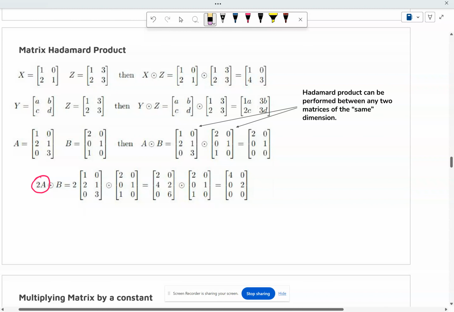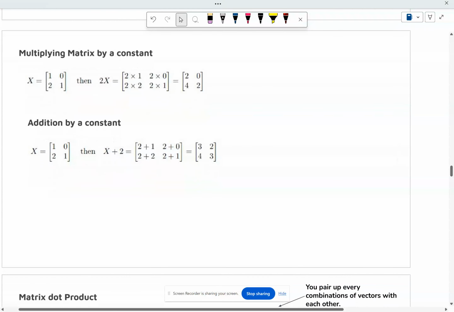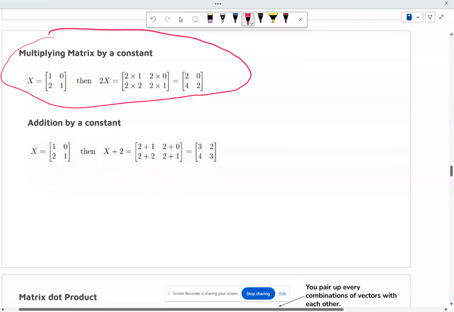Once you do that, you have this, and then you do the Hadamard product, which is when you align every single element together. So, like I just showed you, if you have a multiplication of a matrix by a constant, like 2x, you simply take the 2 and multiply by the entire matrix.